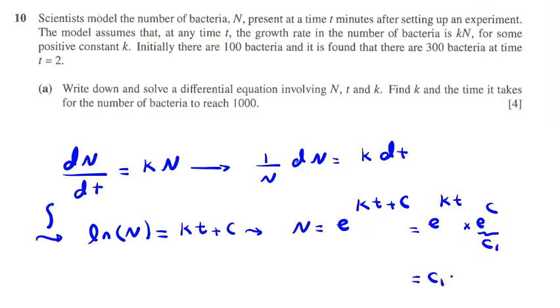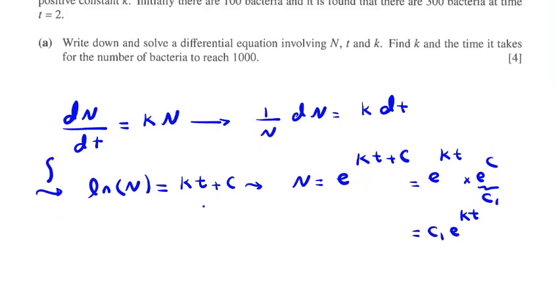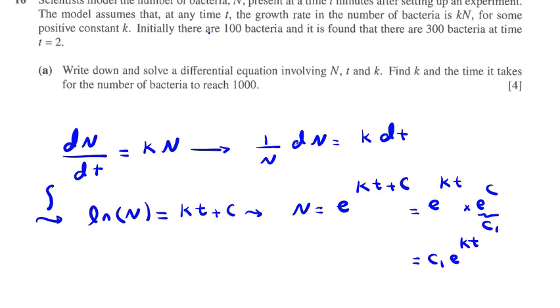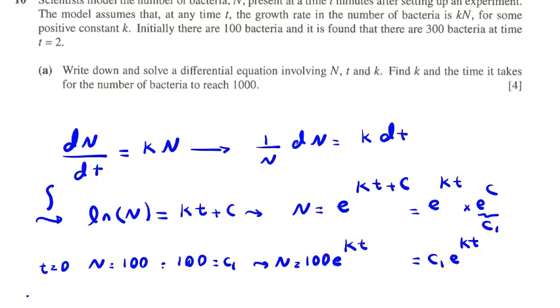Suppose it is c1, so it is c1 e^kt. Now we know the problem says initially means t equals 0, N is 100, so if you consider 100 equals c1 e to the power of 0, so c1 is 100. From this one, we've concluded it is 100 e^kt.